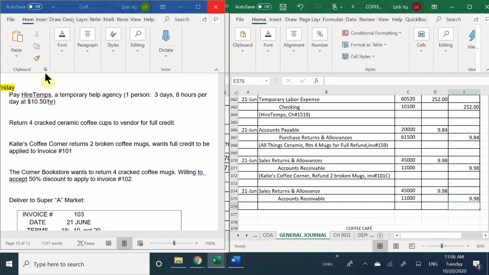Good. And here I'm going to indicate in my description who returned to us. Corner Bookstore. Invoice 102.